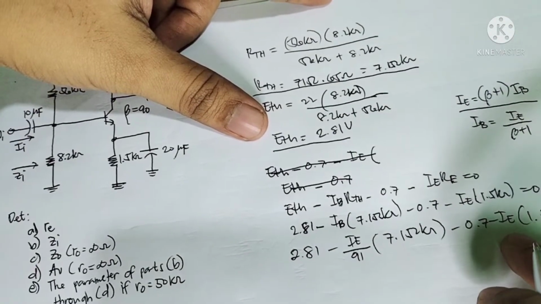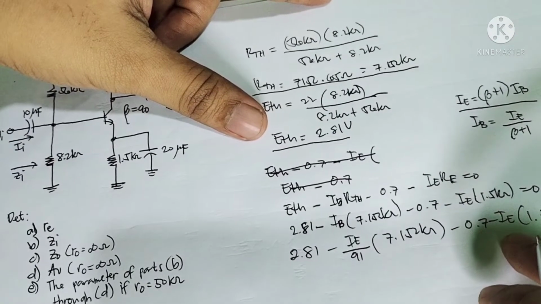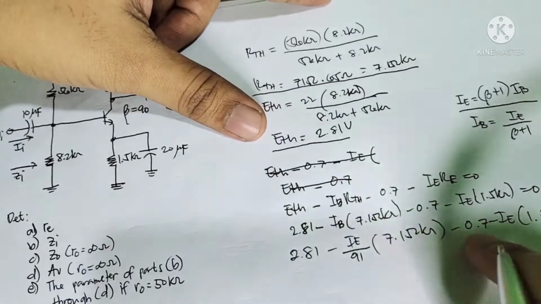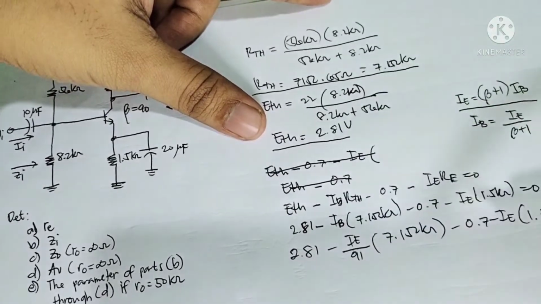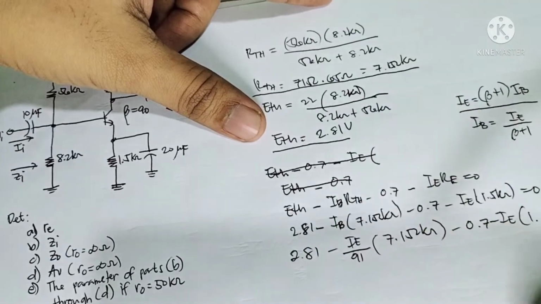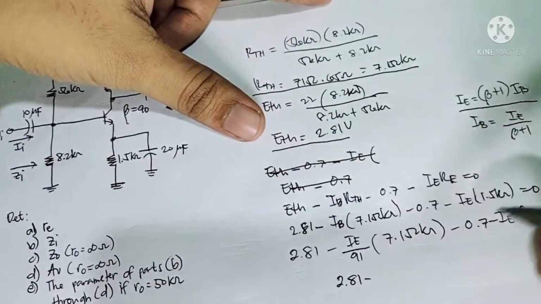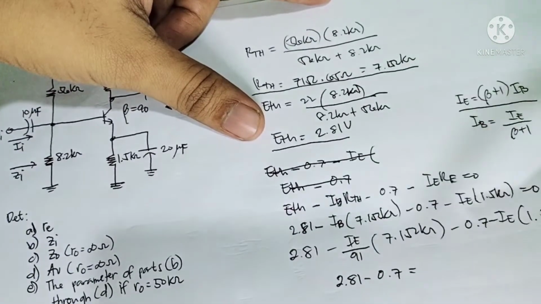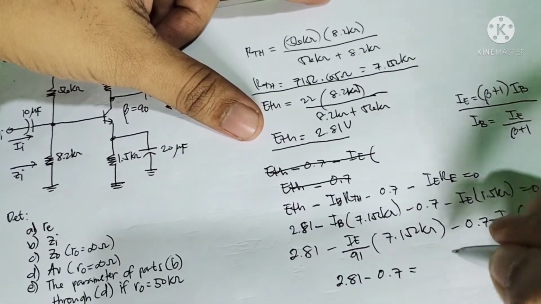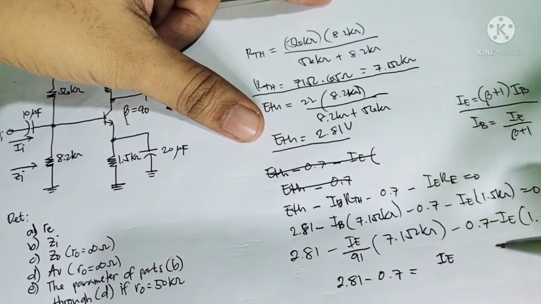We want to find IE, so transfer these two voltages to the right side. So this is 2.81 minus 0.7 equal to IE.